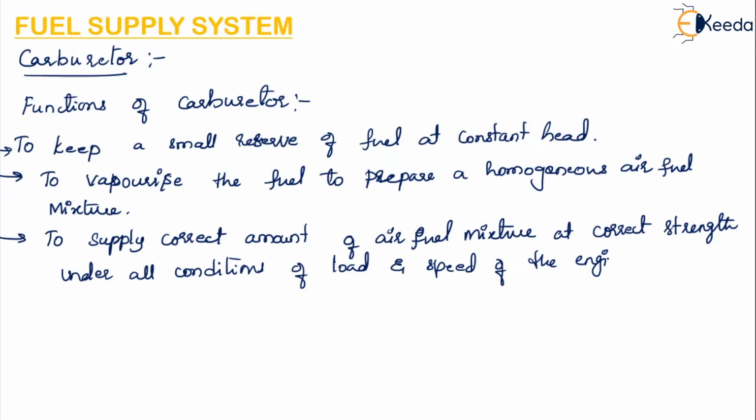So irrespective of load and speed of the engine, the carburetor must supply the correct amount of air fuel mixture at correct strength. And the carburetor vaporizes the fuel, that is, it converts the fuel into vapors to prepare a homogeneous, that is, correct combination of air and fuel mixture.